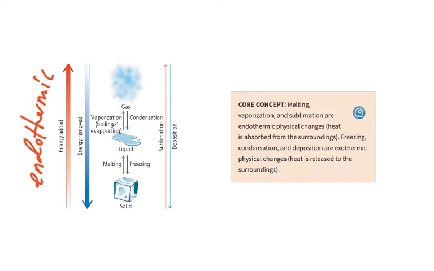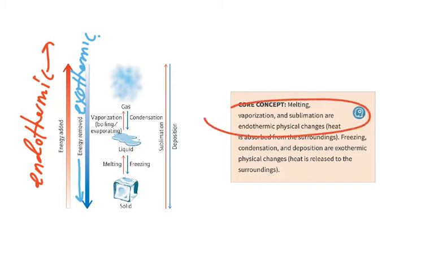And if we're going down, energy removed, it's exothermic. Heat is released. Right, so we see again melting, vaporization, sublimation are endothermic physical processes, and freezing, condensation, deposition are exothermic. Heat is released. Where? To the surroundings, right?